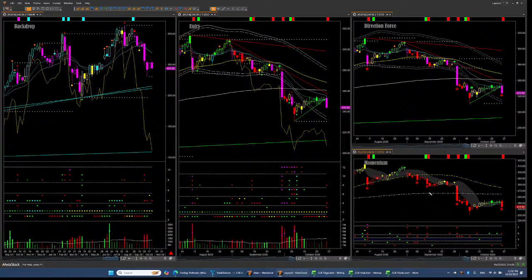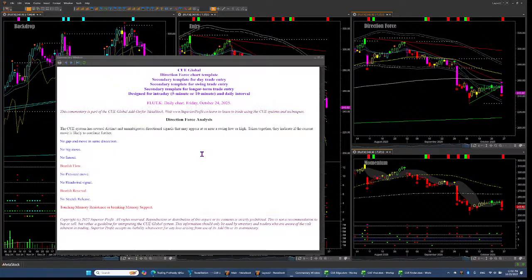Remember, I looked for red candle high. That is one of the three bearish momentum signals, and I see there are also three bearish directional forces. What are they? I could read them. I know Q charts quite well, probably you do also, but we could look at the commentary. Let's look at the directional forces on the bearish side.